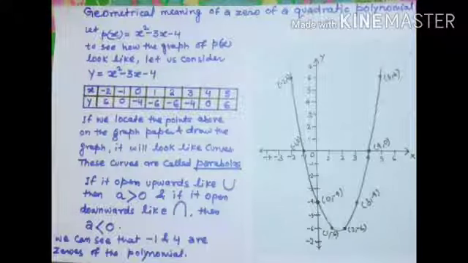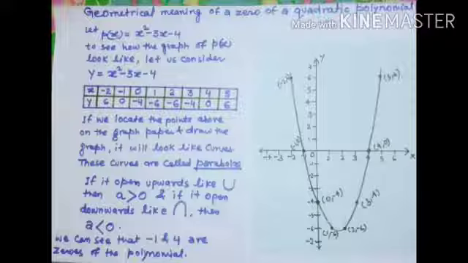Now let us have a quick view of the geometrical meaning of the zeros of a quadratic polynomial. For this, let us take an example of a polynomial of variable x, as you can see on the screen, that is x square minus 3x minus 4.